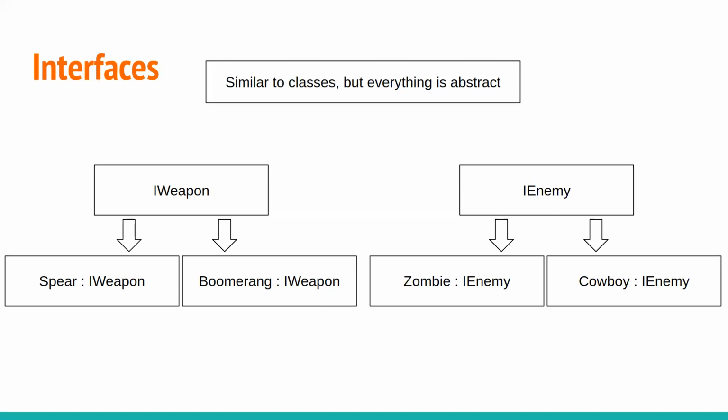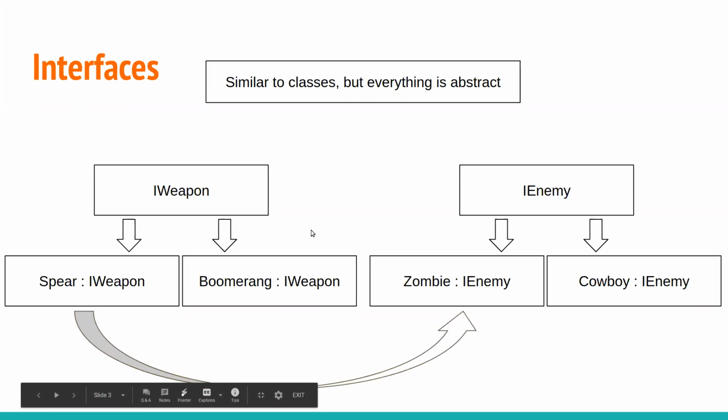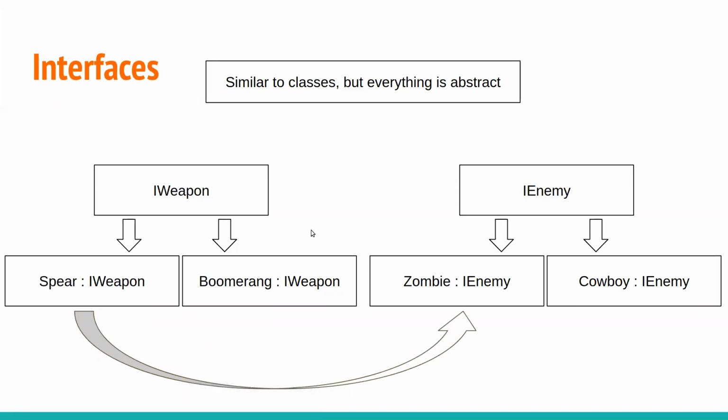Now, currently, if we were doing this with inheritance, it could be slightly more difficult to handle because things might not necessarily be abstract, right? So for example, if I want to be able to attack zombies with my spear, we would have to add an attack method to spear, right?